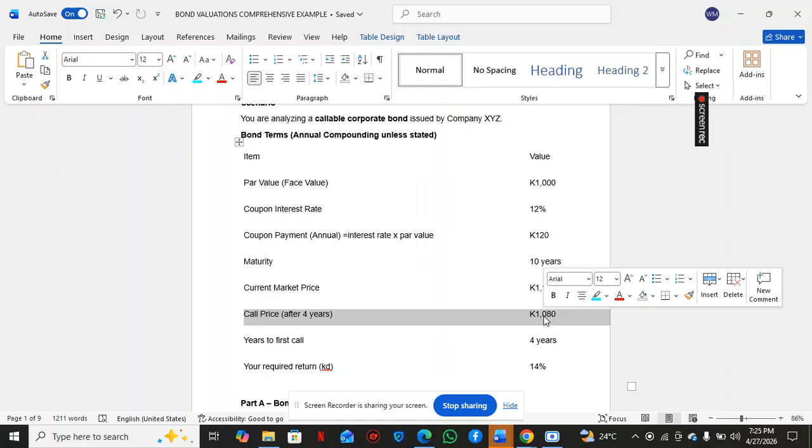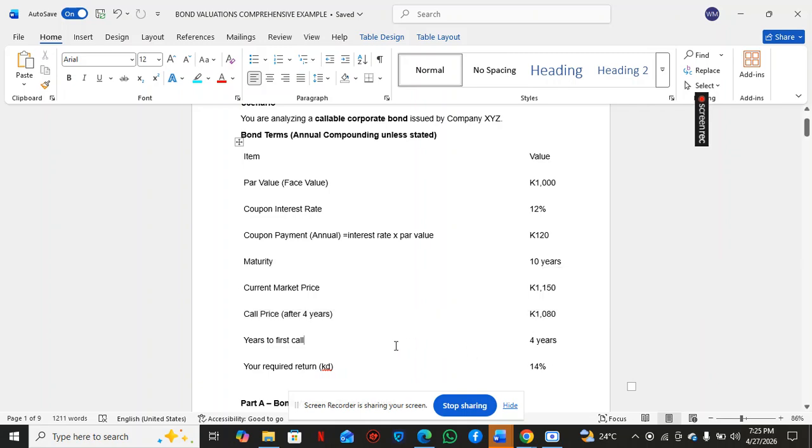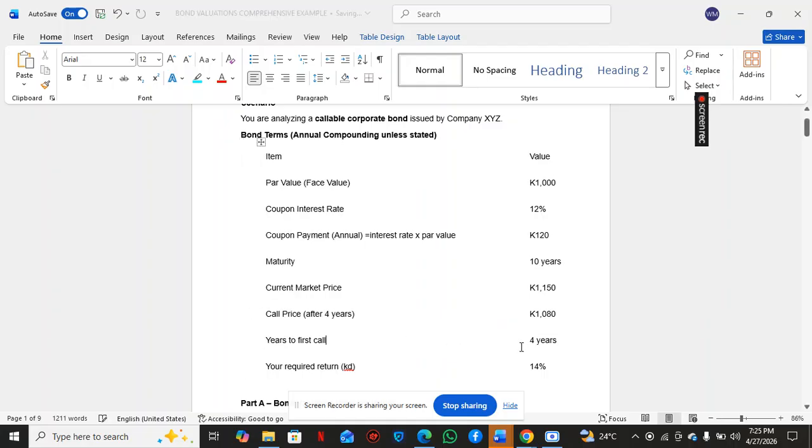They can just say the bond will end here. They'll pay you what they need to pay, and you don't have to wait for the actual maturity date that was stated earlier on. The bond can be called off during its lifespan. Years to first call, 4 years.